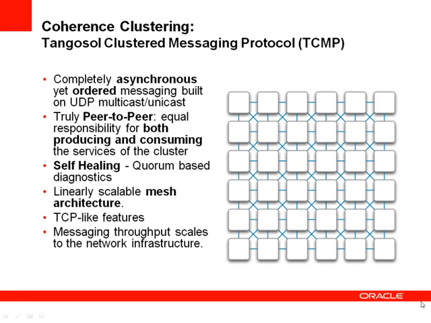At the core of Coherence is its differentiated clustering protocol called TCMP. This is a custom protocol layered on top of UDP, either multicast or unicast. Because we're using UDP, we get the benefit of asynchronous messaging between members. Yet we layer an additional protocol on top, which allows us to have ordering and reliability of the messages.